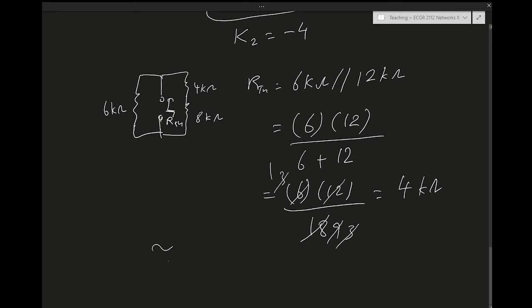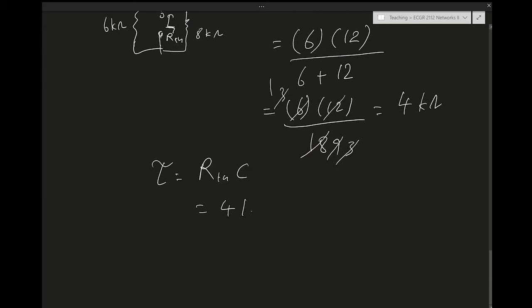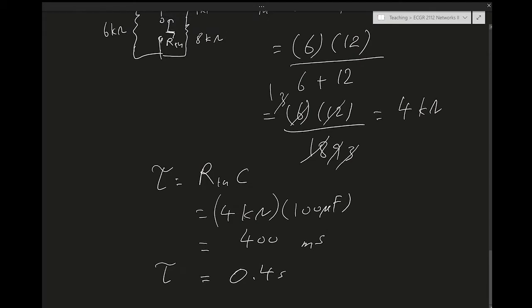So that means that tau, we know that tau equals R Thevenin C, so that's going to be 4 kilo ohms times 100 microfarads. So that's kilo times micro is milli, and 100 times 4 is 400 milliseconds, which is 0.4 seconds. Tau is going to be equal to 0.4 seconds.